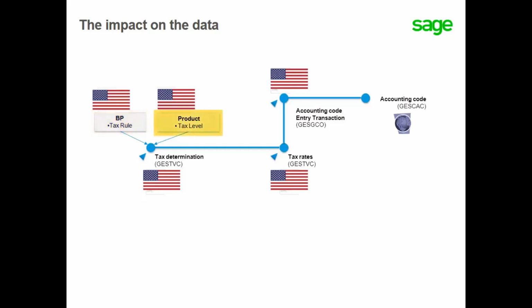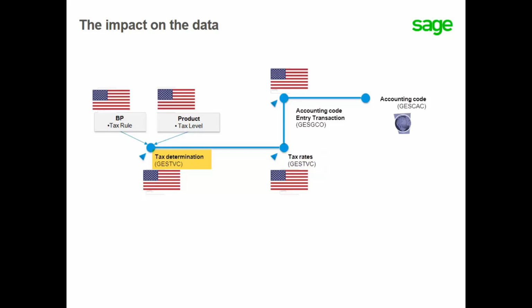Product tax level. A product is not related to a legislation, but the tax level that is assigned to the product can be associated with a legislation. The tax determination is a combination between the BP tax rule and the product tax level in order to give the correct tax rate to use in transactions.